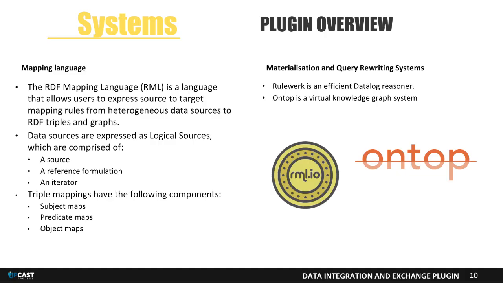Second, a reference formulation, which specifies the language used to access the values of the data source. For example, if the data source is a JSON file, an appropriate reference formulation would be JSONPath, which is a query language for JSON data. Finally, a logical source contains an iterator, which specifies how to access specific values of the data source according to the reference formulation.